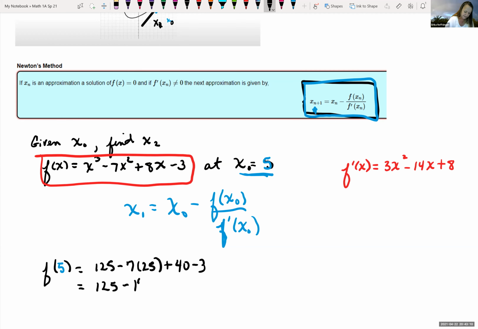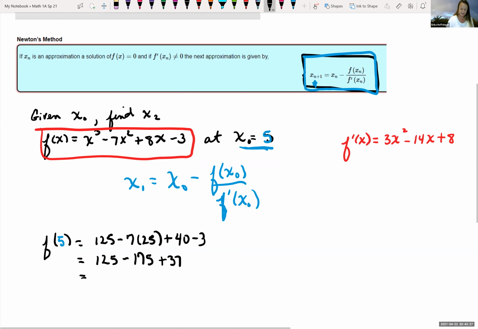That's 175. 40 minus 3, so that's plus 37. So 125 minus 175 is negative 50. Negative 50 plus 37 would be negative 13.